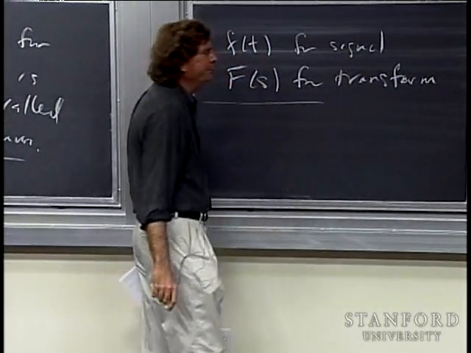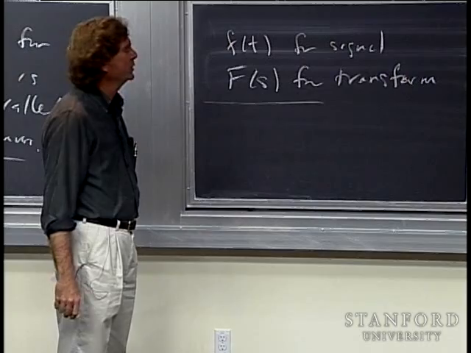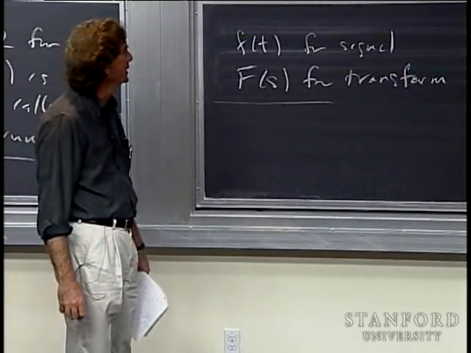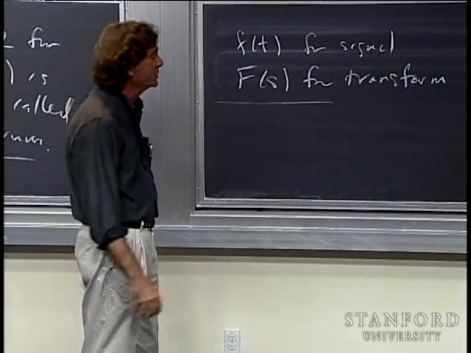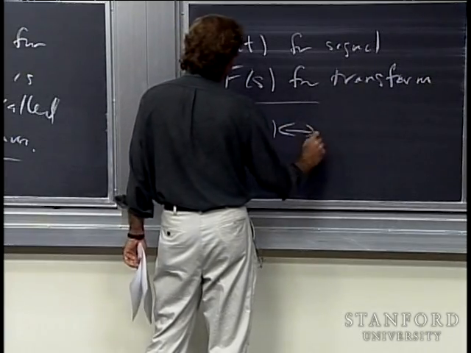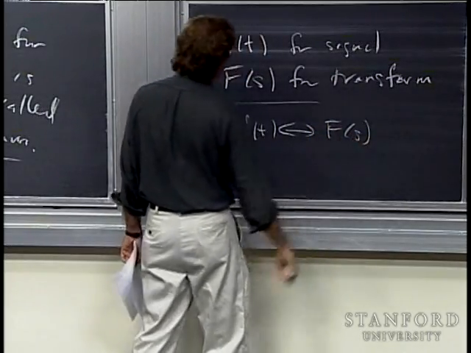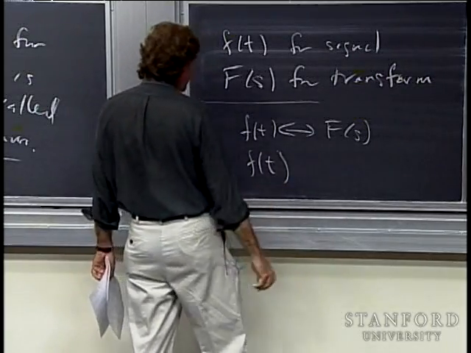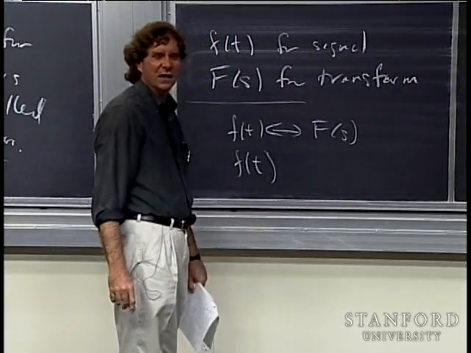There's also a notation that people use for the sort of sibling relationship, which will mean more to you in just a second when I talk about duality, between a function and its Fourier transform. So some people write things like f of t corresponds to F of s. I sort of use that notation, but there's this other notation which I think is just idiotic, which is like a subset notation or something like that, right?